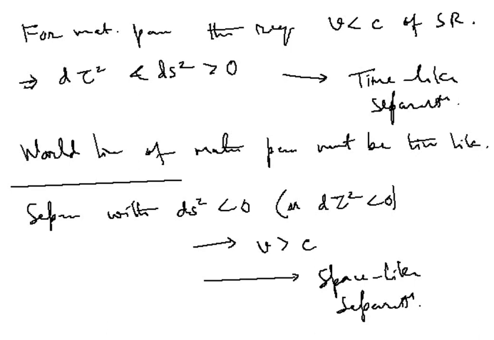Now you see the null geodesic, ds square equal to 0, giving the propagation of photons, describes the hypercones in space-time which are called light cones.